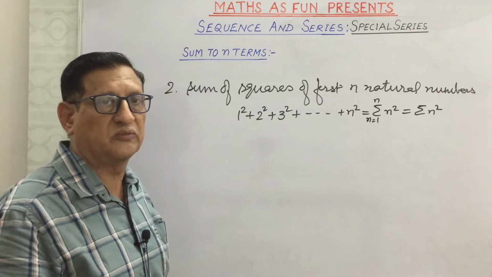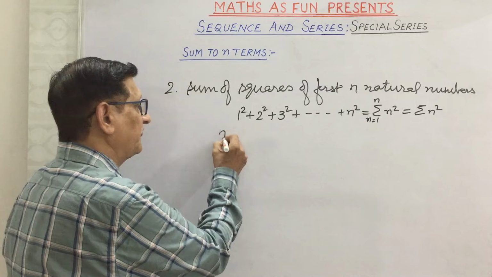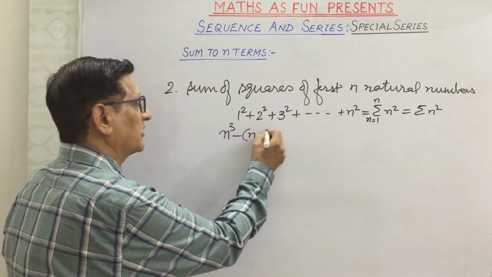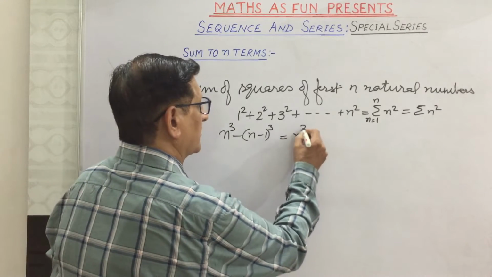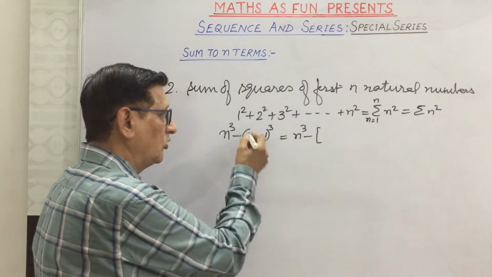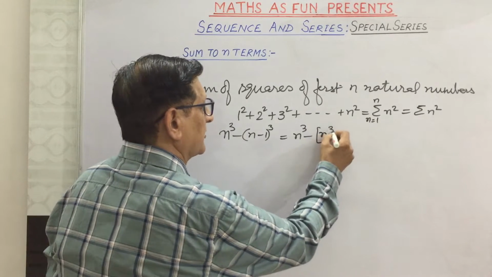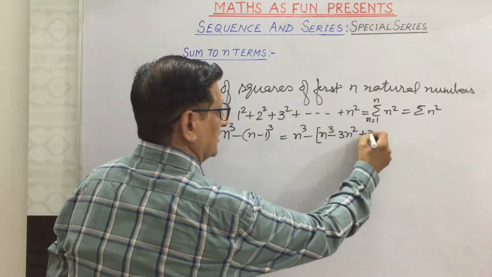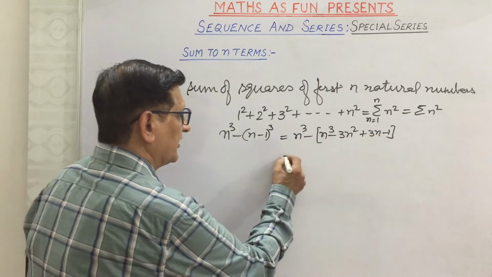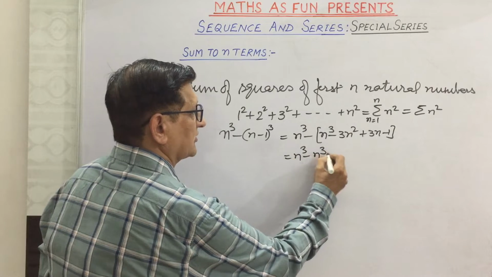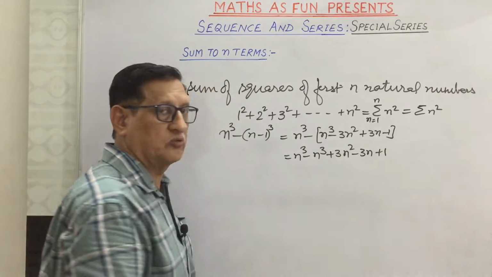How to find out the sum of this? Here we have to use one of the identities, that is, if we have n cube minus n minus 1 cube, that we know is n cube minus the whole cube of a minus b. We apply here, that is n cube minus 3n square plus 3n minus 1. Simplifying this, we get n cube minus n cube plus 3n square minus 3n plus 1.